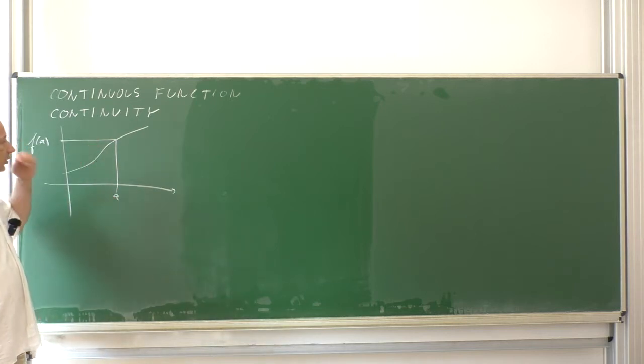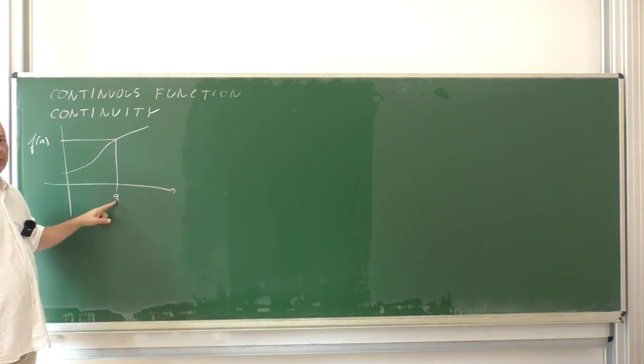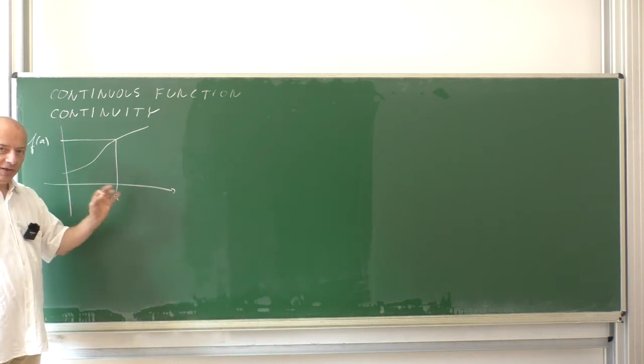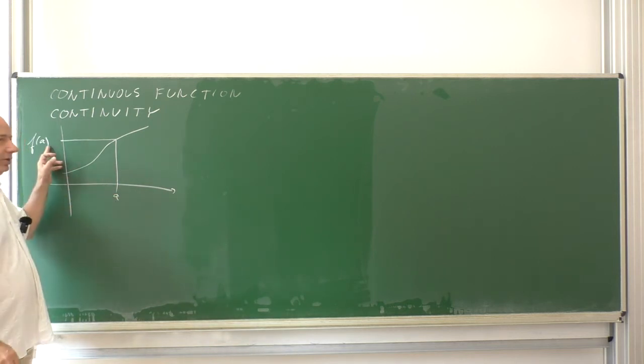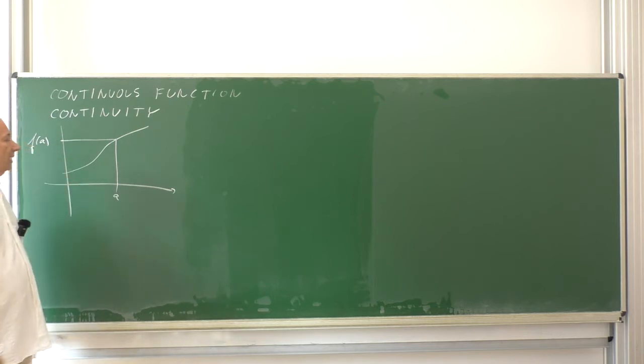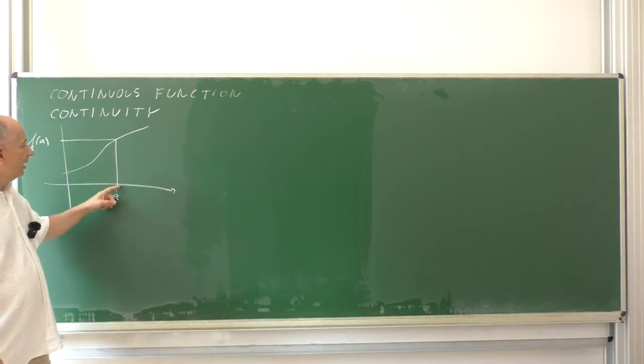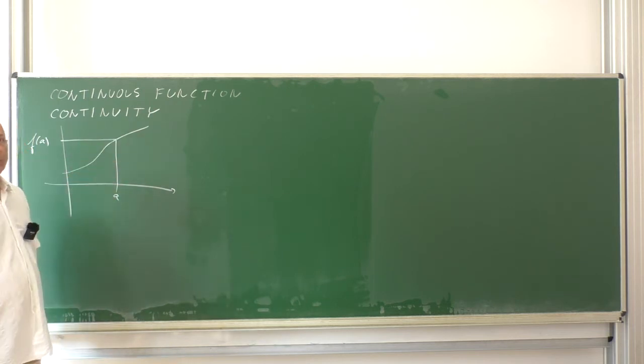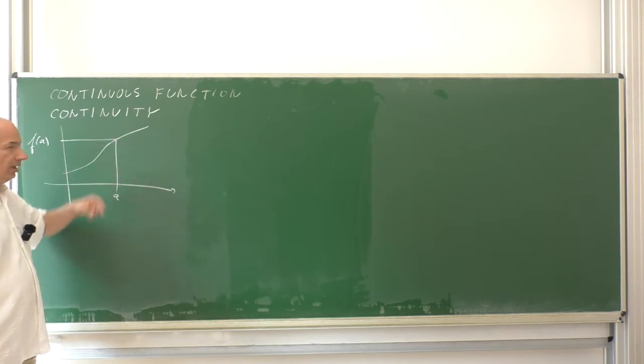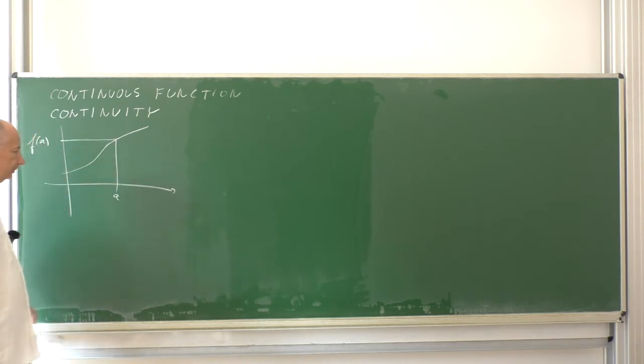results. So first, we want the a to be in the domain of definition of the function. That means f(a) must exist. The next natural condition is that there is some neighborhood of a, of points, that also belong to the domain of definition to give some results, to compare the results.